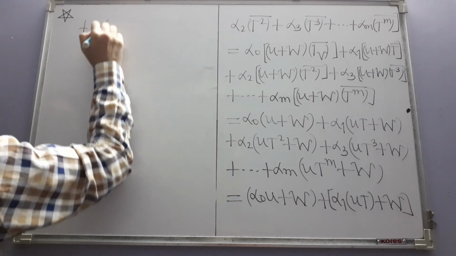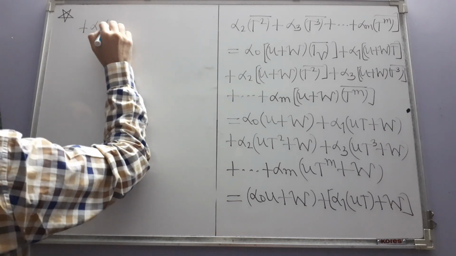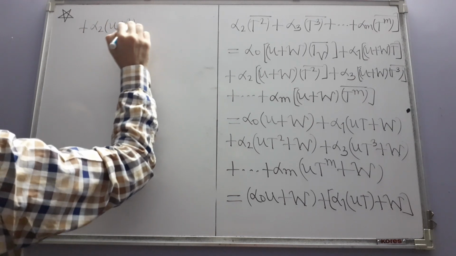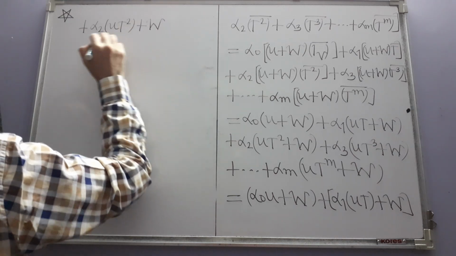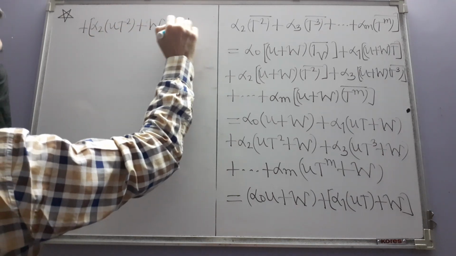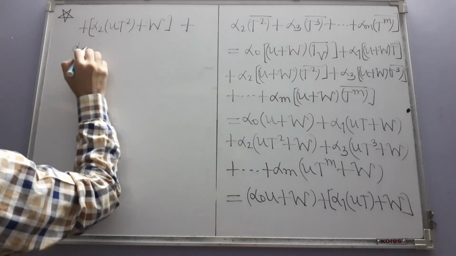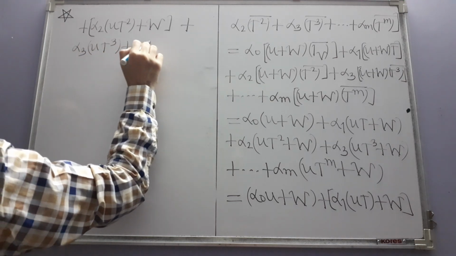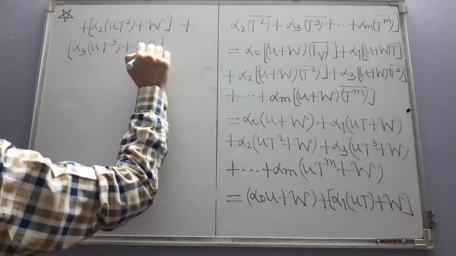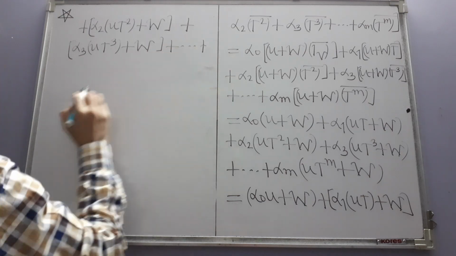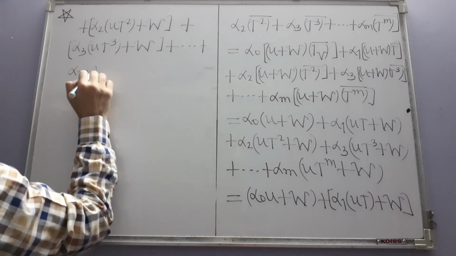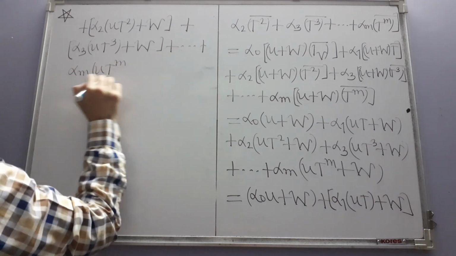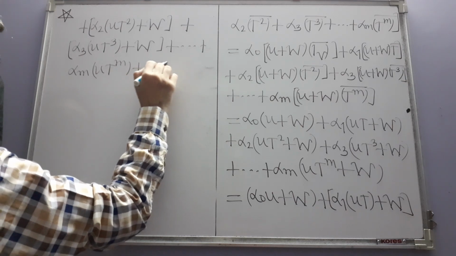Similarly, you have alpha 2 times ut square plus w plus alpha 3 times ut cube plus w plus finally alpha m times u t to the power m plus w.